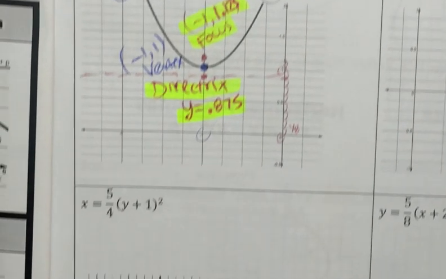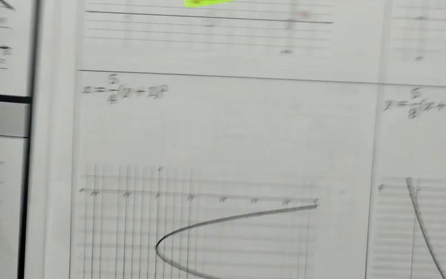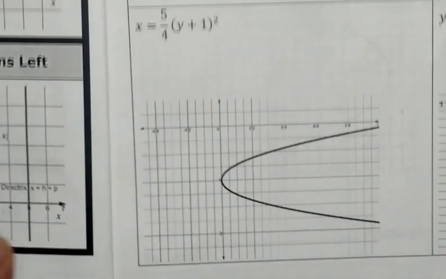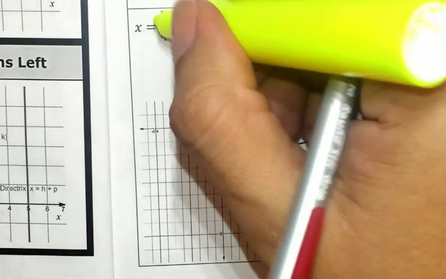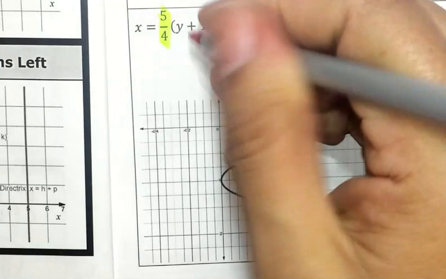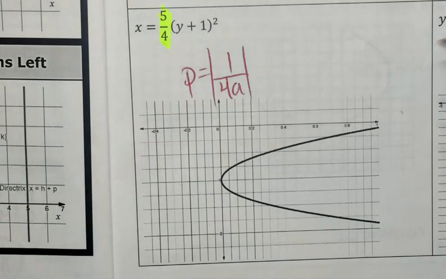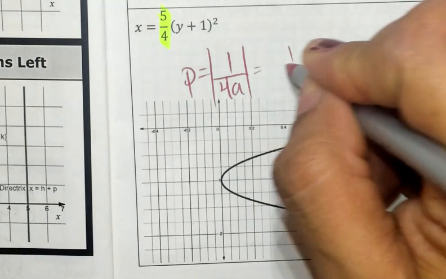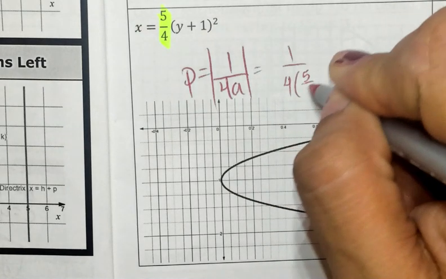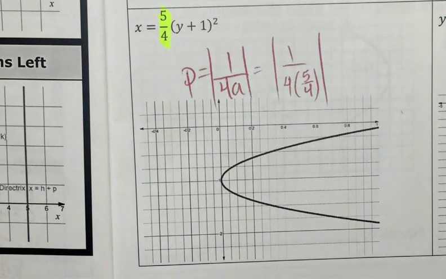Okay, let's do one more example. We have this one right here. So the a value is right there. We're going to do p equals 1 over 4a, absolute value of that. So 1 over 4 times 5/4. And then let's type that in the calculator.